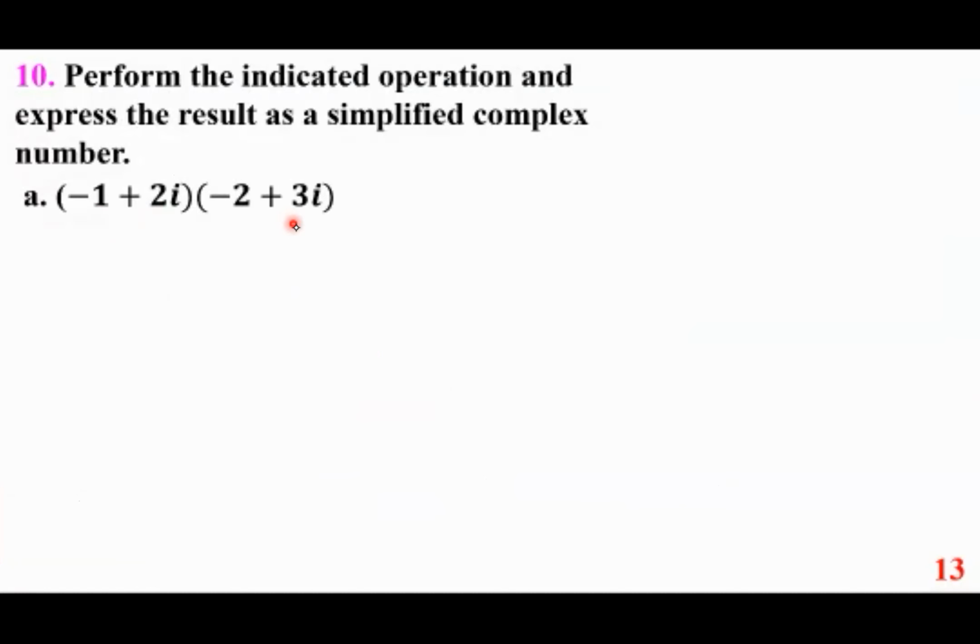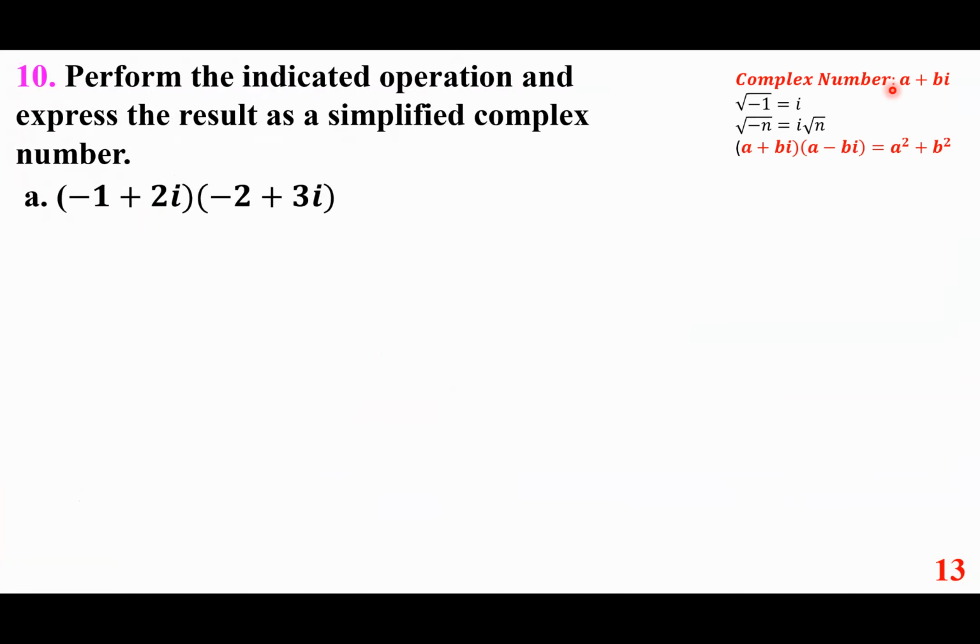Well, we are dealing with complex numbers that are defined as a plus bi. With that, i by definition is the square root of -1, and therefore the square root of -n is i times the square root of n.